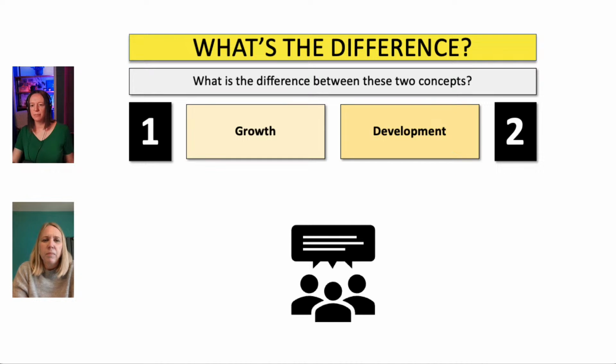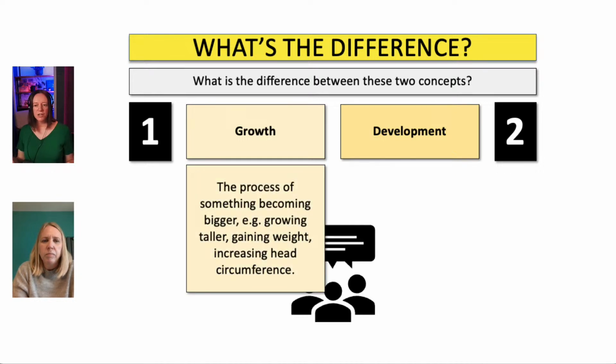So let's have a look at my definition on the screen. Helps if I click the right button. So growth is the process of something becoming bigger, so growing taller, gaining weight, increasing head circumference. It's very much physical and about the body. And Molly's saying growth is a measurement, but development is an acquisition of skills. Nice. Brilliant.